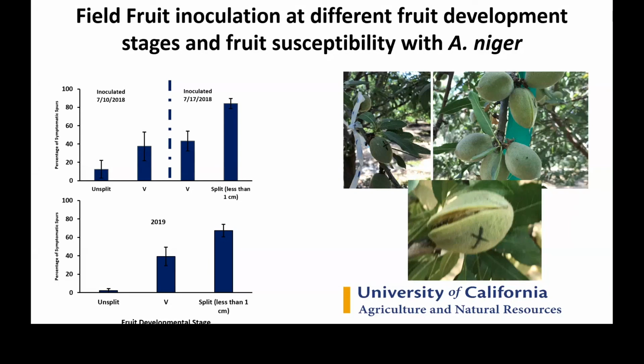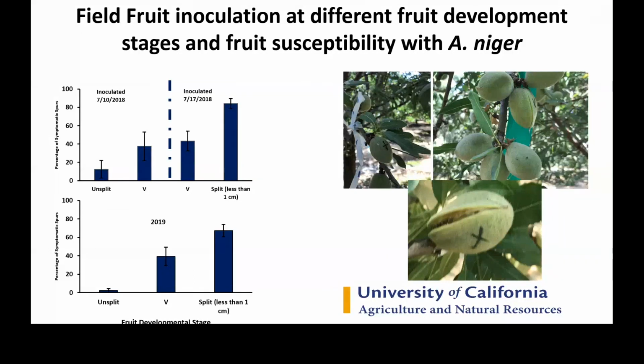Later on I come and see what percentage of spurs showed symptoms. What we are seeing is that close to 40% in both years showed that if we inoculate the fruit at this B2 stage, 40% of the spurs will develop the disease. However, if we inoculate the fruit at this stage, the split at C stage, between 70 and 80% of the spurs will get the disease.